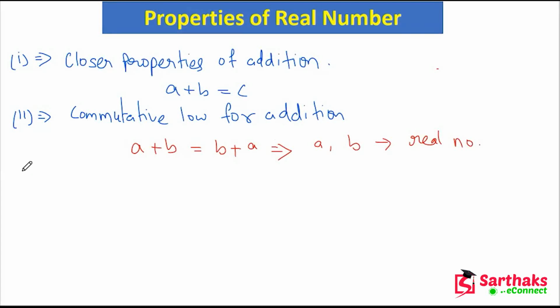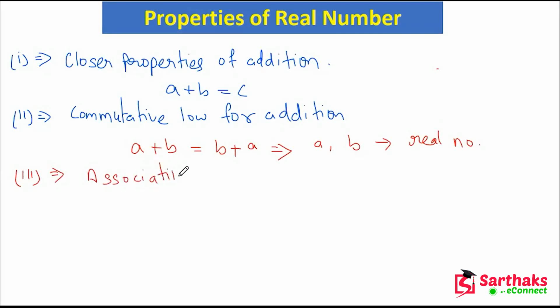Now let's come to the third property. These are very small properties. The associative law for addition. What is the associative property? I will explain.